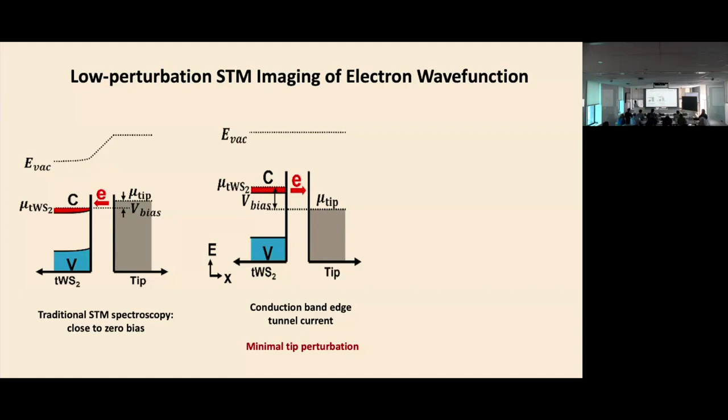But when this difference compensates the work function difference, you can see the vacuum level actually aligns. That means there is no net electrical potential between the tip and the sample. You don't have a residual built-in electric field, so the tip will provide minimum perturbation to your electron system.